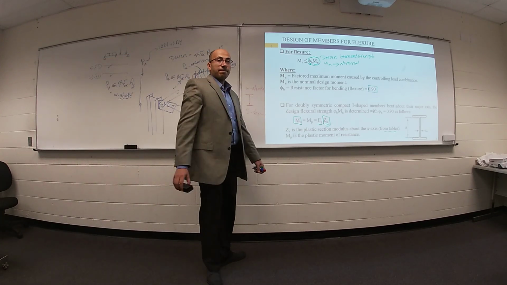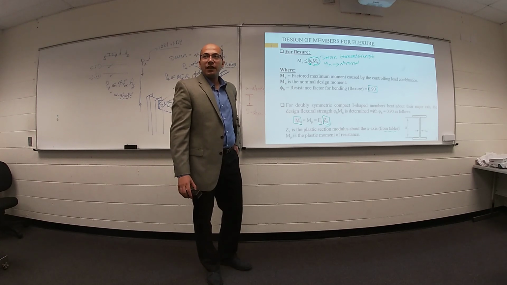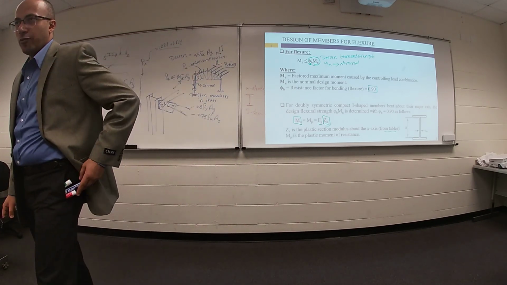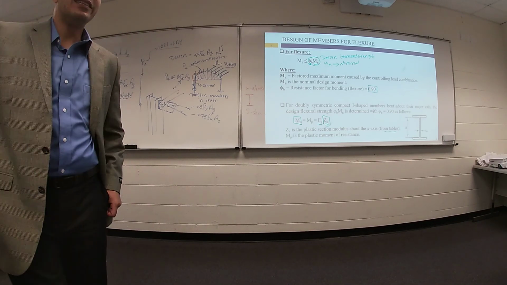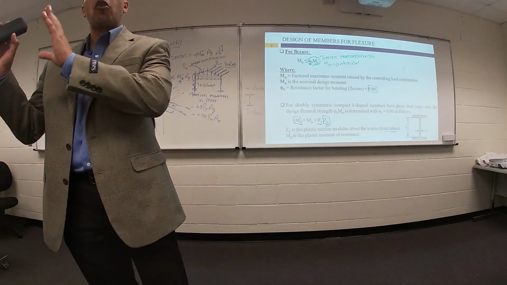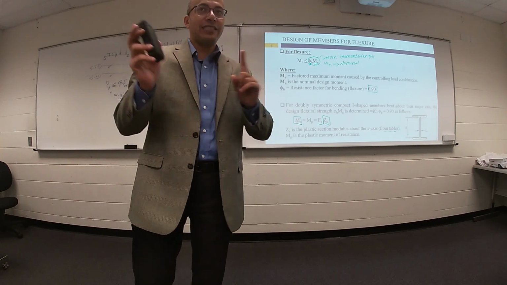Dr. England, where do you find the Zx on the first column? First column. The new table. Did you get the right table? It's W shape, right? No, not W shape. You can get a table for W shape to get properties, and you can get W shape for design. We have two different tables.